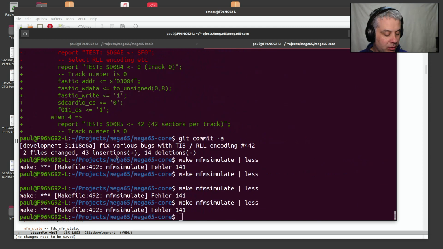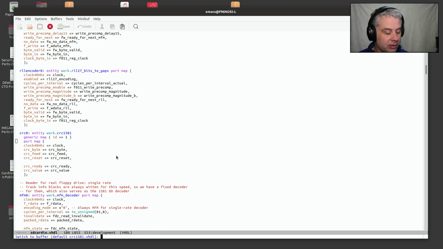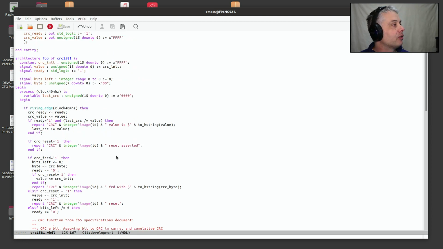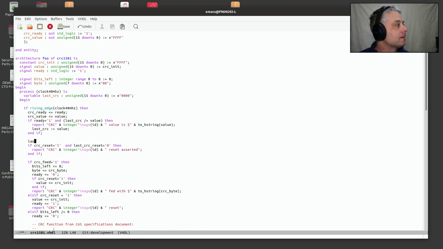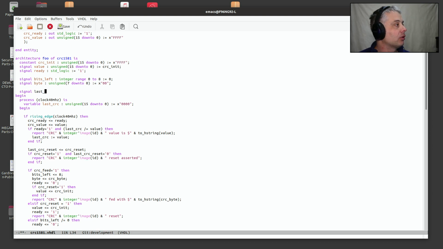I'm just going to improve that a bit more, in fact. We keep saying when reset has been asserted, and last CRC reset is equal to 0. So we just want to get told when the edge changes, when the value changes, rather. Signal last CRC reset.